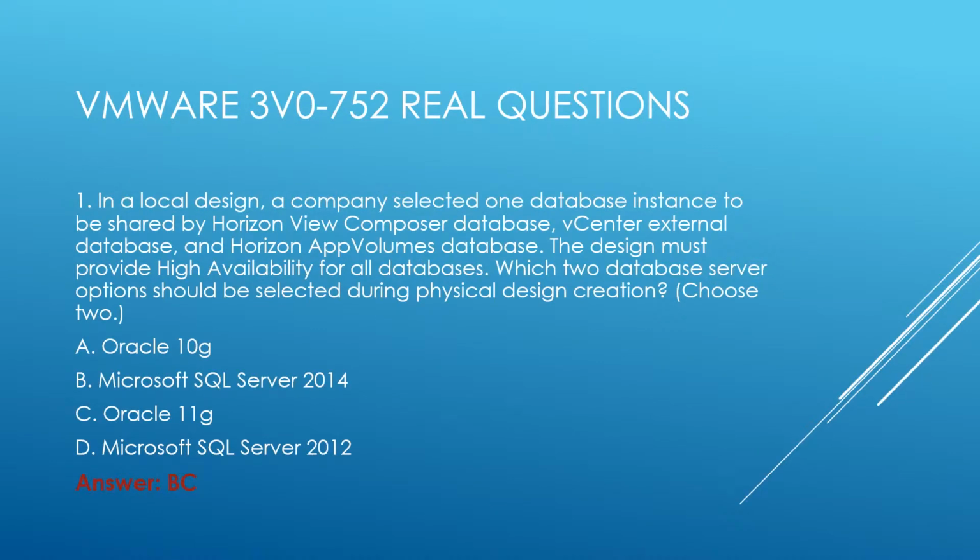1. In a local design, a company selected one database instance to be shared by Horizon View Composer Database, vCenter External Database, and Horizon Volumes Database. The design must provide high availability for all databases. Which two database server options should be selected during physical design creation?